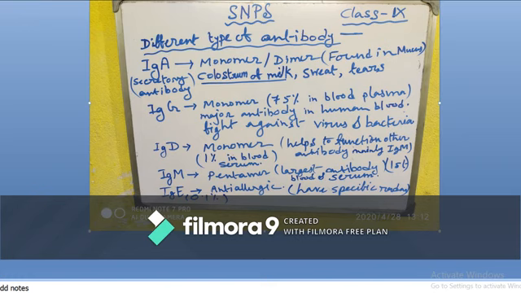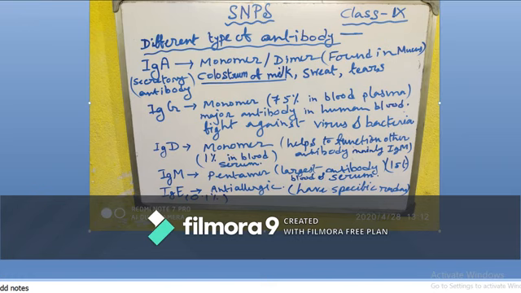Now we will discuss different kinds of antigens. We have already discussed the different types of antibody. Antigens are mainly 2 types, exogenous and endogenous.